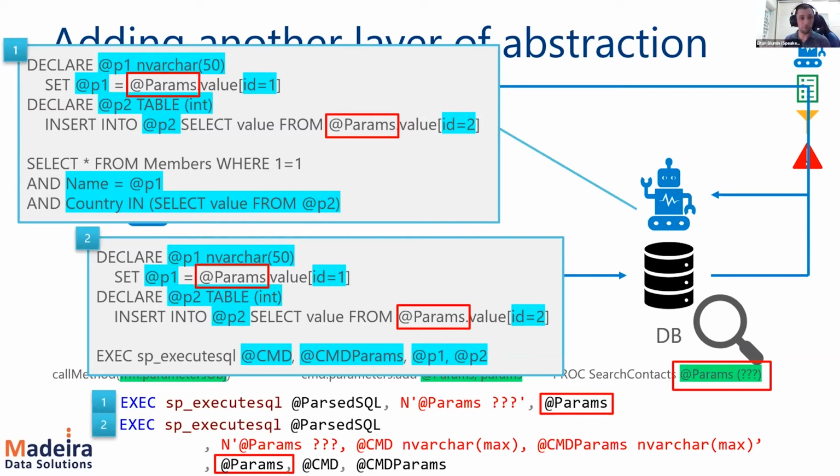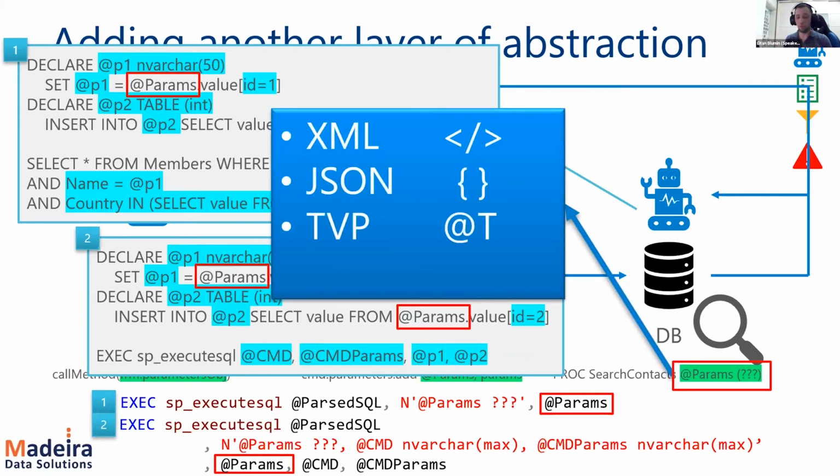So SQL Server provides several functionalities, several data types, that can give us this functionality. We have XML, we have JSON. We can also use table value parameters. If you want, I suppose you could also implement something of your own using CLR, but I honestly don't see a reason to do it.